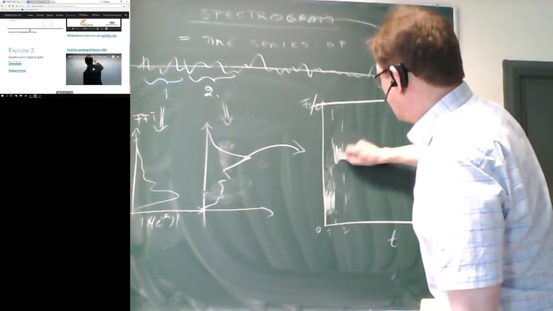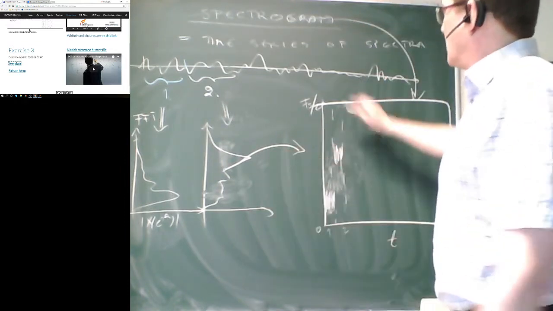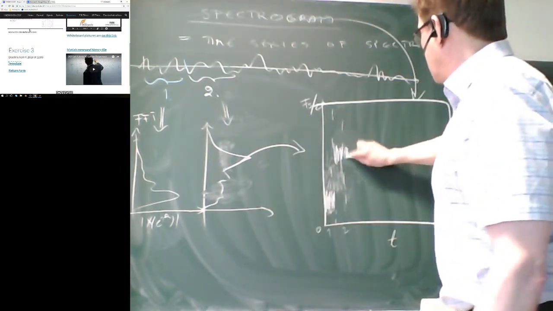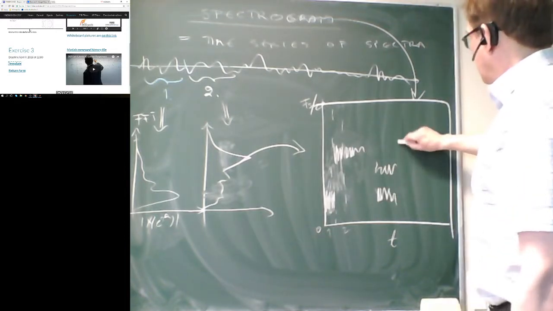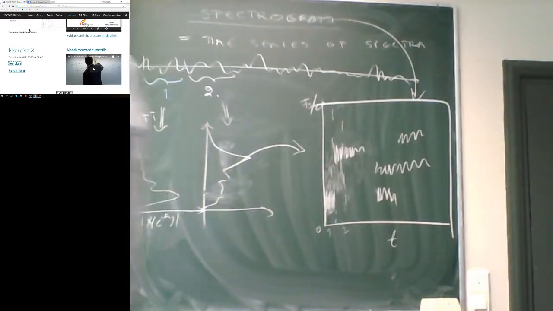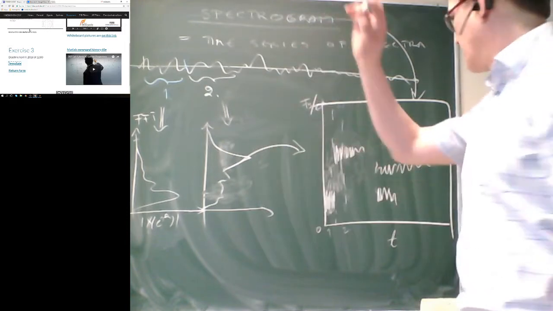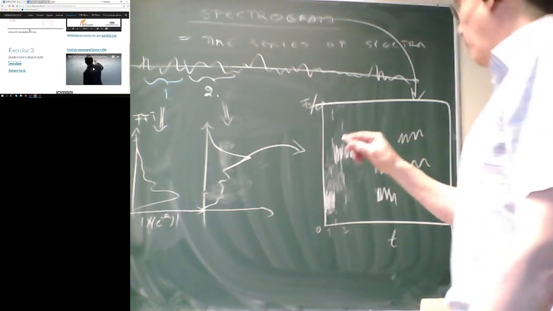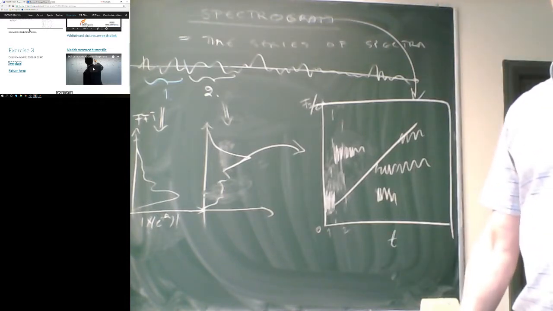In here we have the highest components, and so on. Fundamentally we get an image which shows what kind of frequencies the signal has over time. Nice. For example, a chirp would go like this, or an ambulance.